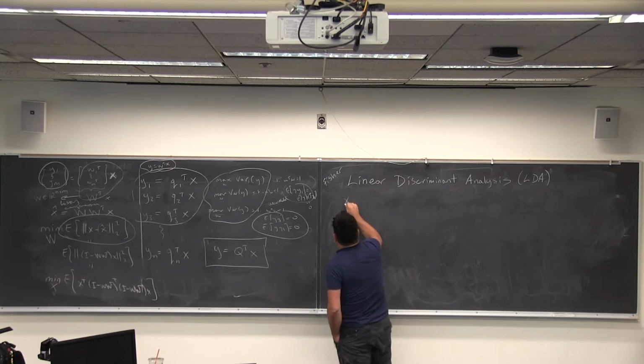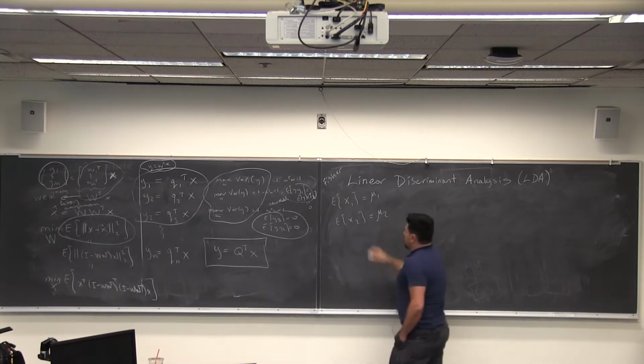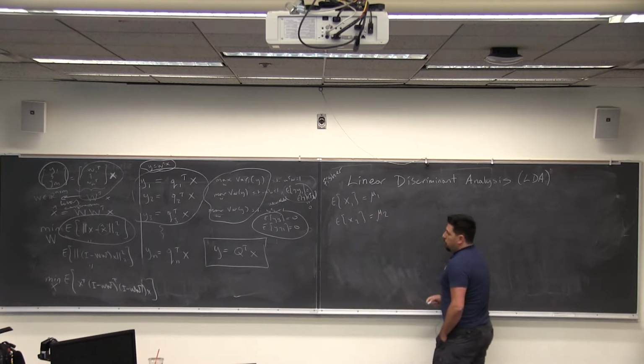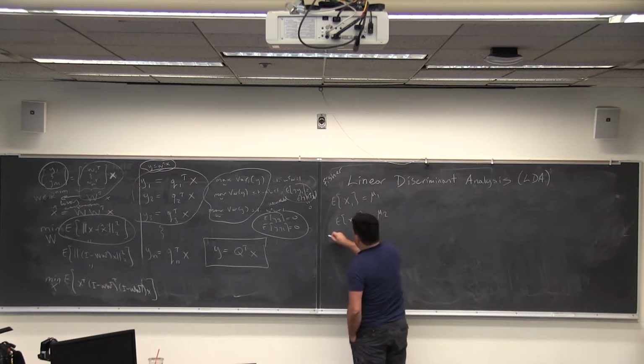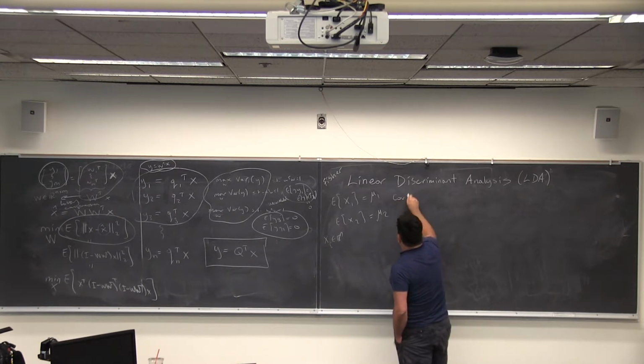In general, we'll have two random vectors, x1 and x2. They are both n-dimensional, and they have means mu1 and mu2, and covariances sigma 1 and sigma 2.